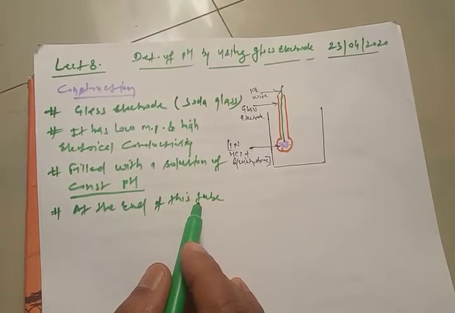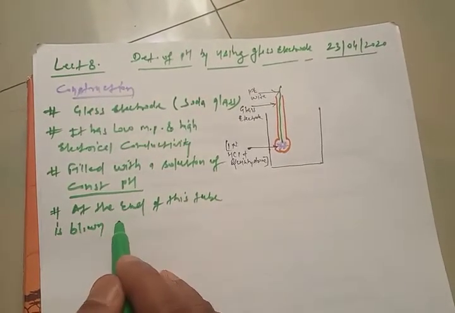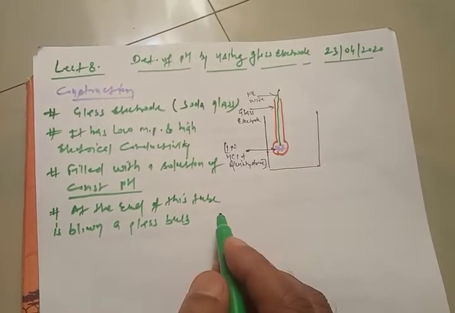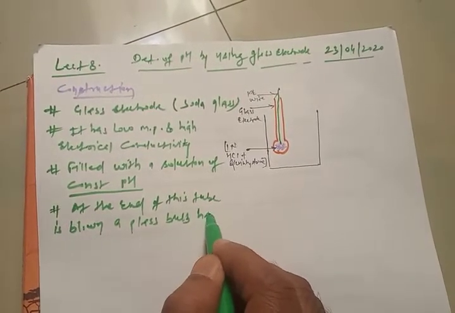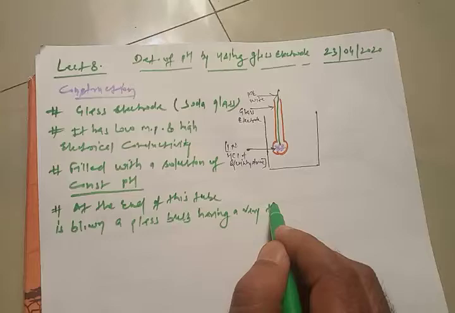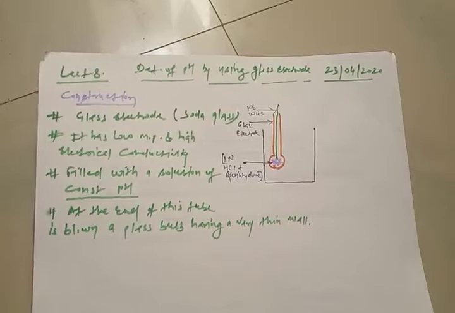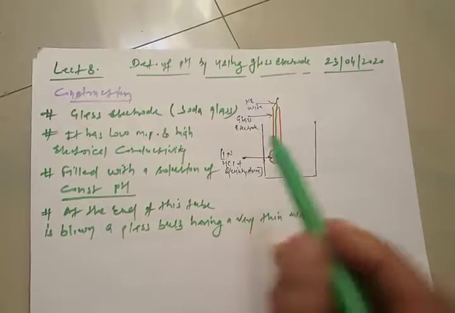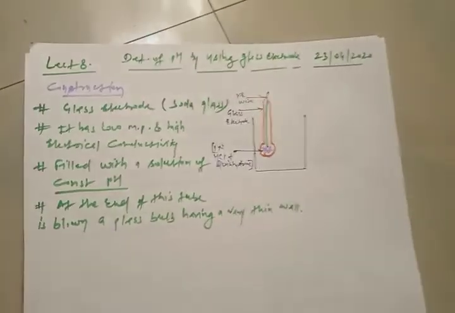At the end of this tube is blown a glass bulb having a very thin wall. I'm writing each and everything because this is very important, a very new one for you, so it is necessary to write. So at the end of this tube is a blown glass bulb.